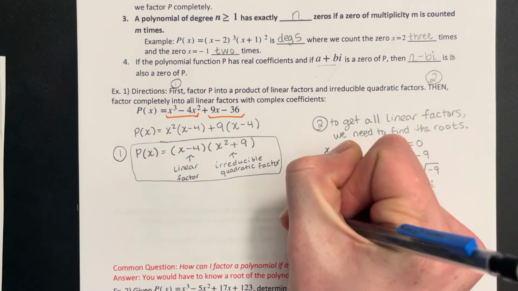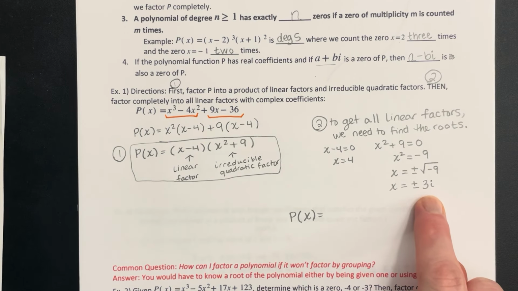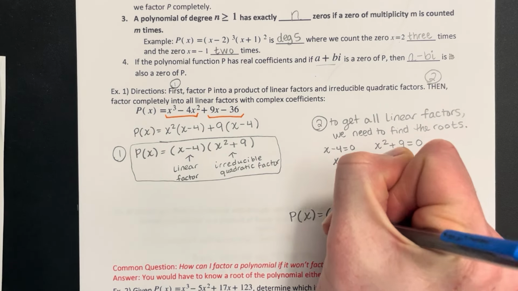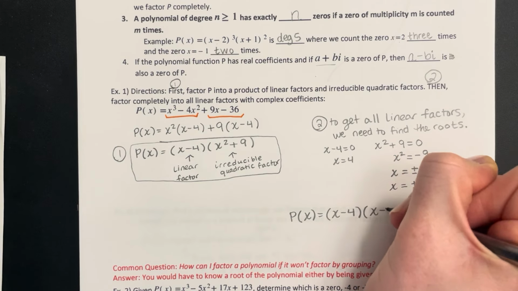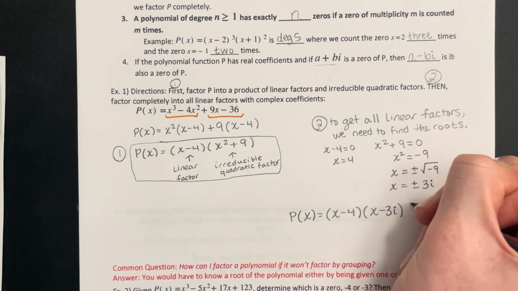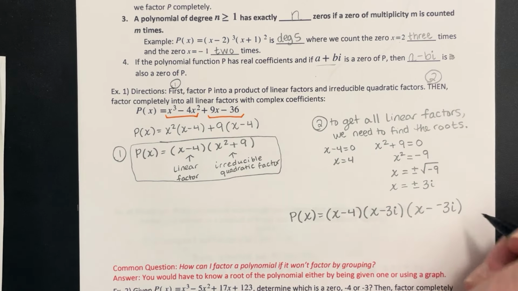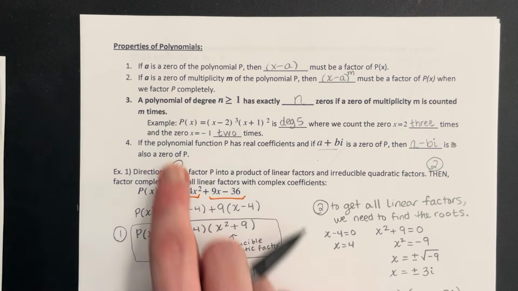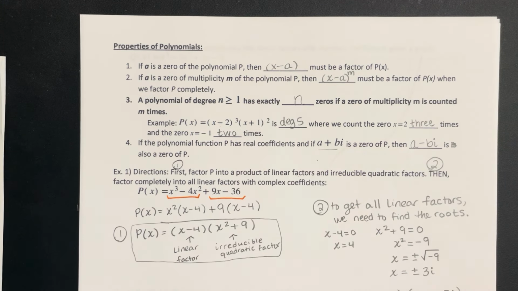So the roots for 3i and negative 3i can be written as a product of linear factors. This would be x minus 4, x minus 3i, and x minus negative 3i. Remember, if a is a zero, then x minus a is a factor.